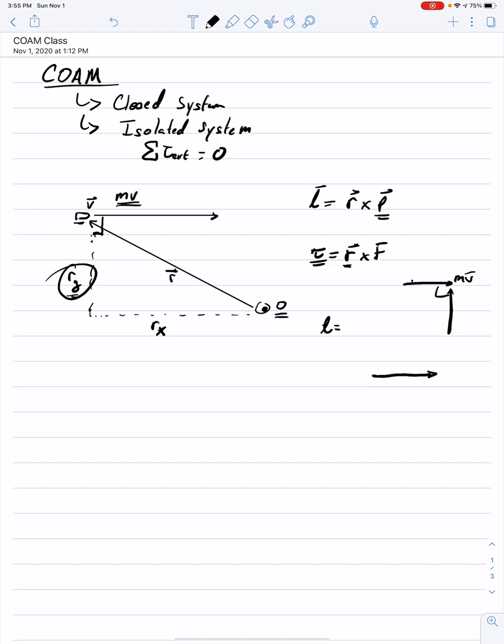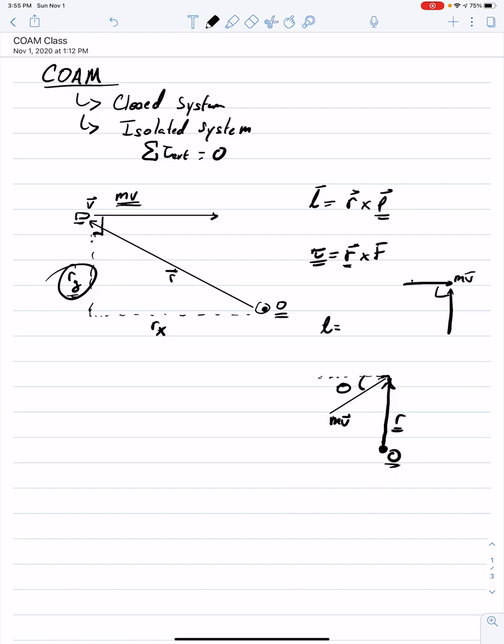If you have a direction, this is your r value, but your momentum is going in this direction. It is not completely perpendicular. So you're going to have to find, let me write mv, the vector that is perpendicular to the distance from the origin.